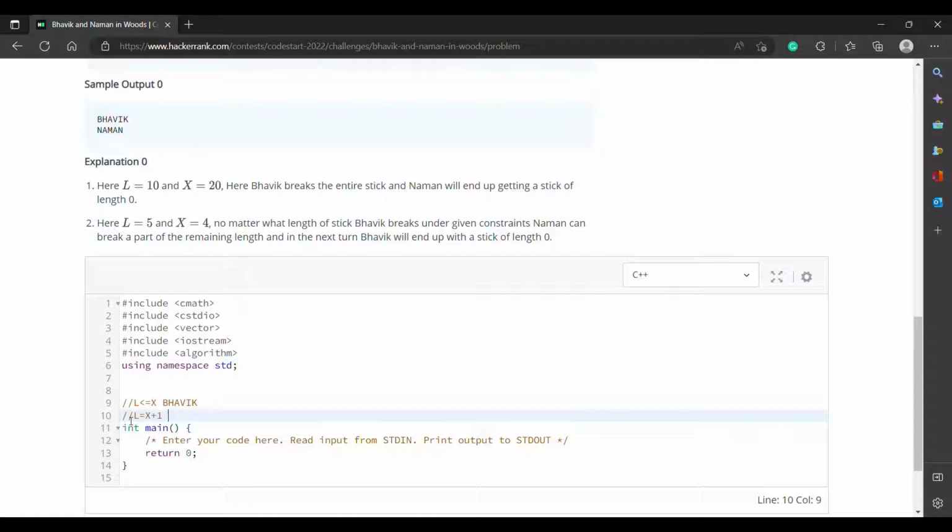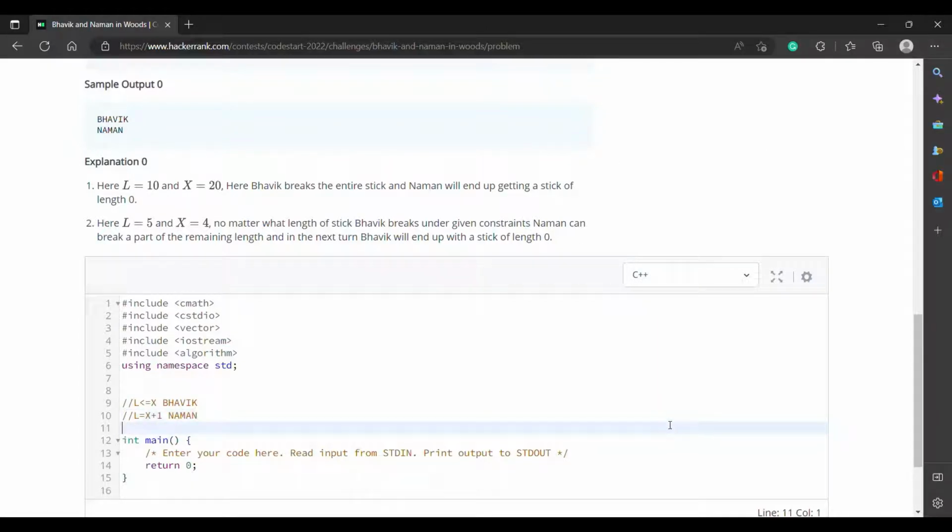Suppose that Bhavik breaks a length of 1. Still, Naman can break the entire x part of the stick and he will be the winner. Or even if Bhavik breaks x, still Naman will get 1 unit of the stick to break and hence he will be the winner. So in this case the output should be Naman.